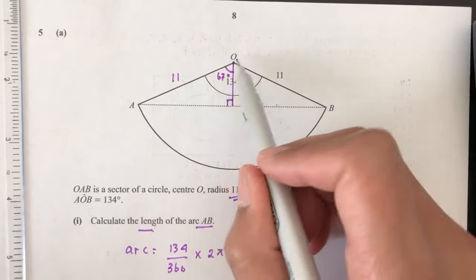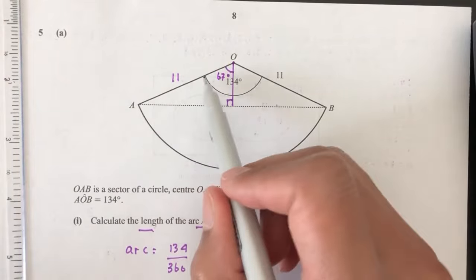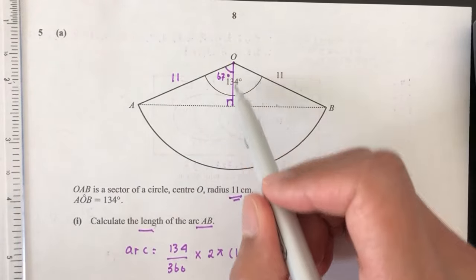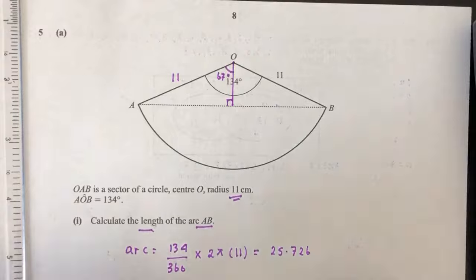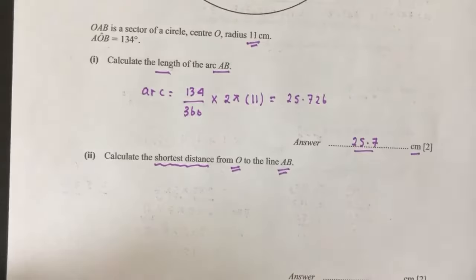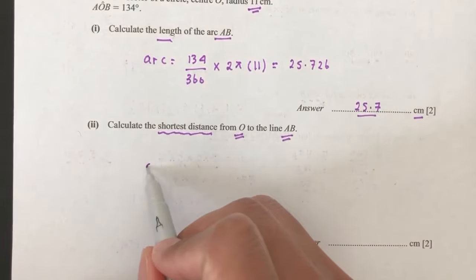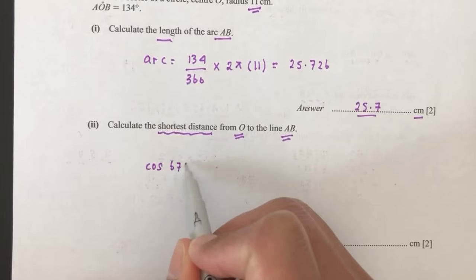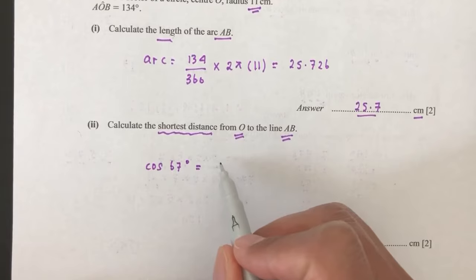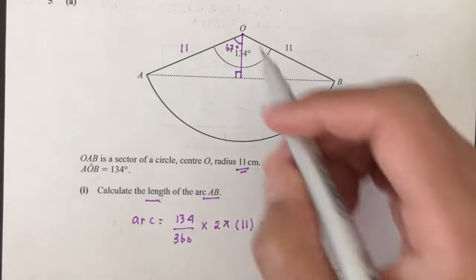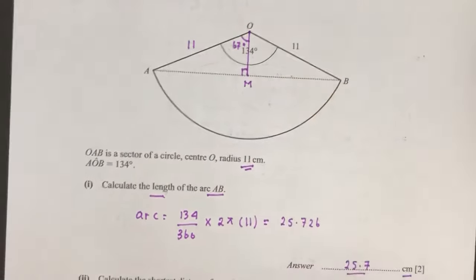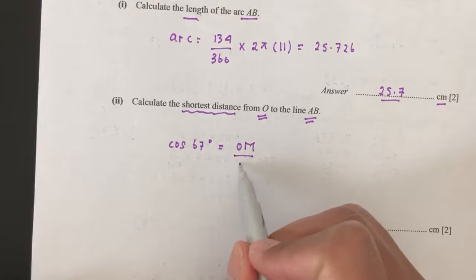We know this is the hypotenuse. We are looking for the adjacent side. We will use cos, right? So let's use cos. So cos of angle 67 is equal to adjacent side O, let's call it OM. Let's call this one M. Divide by 11.